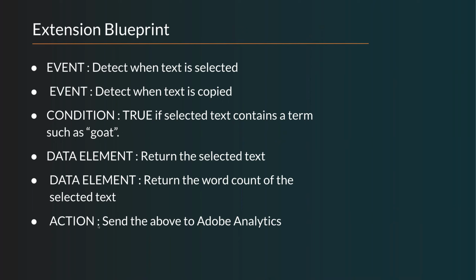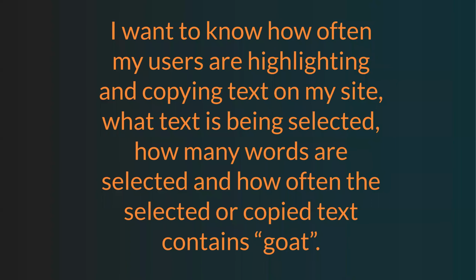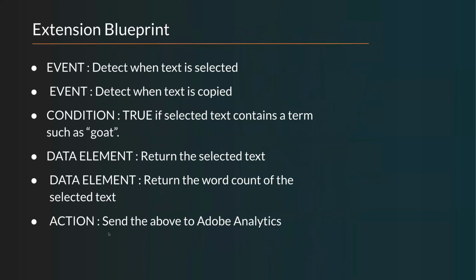Based on this business requirement, it's kind of amorphous. We don't really know, but we're in an Adobe shop, let's say, and we're going to send this data into Adobe Analytics. So the action is going to send the above to Adobe Analytics. And I'll tell you right away that this action already exists in the Adobe Analytics extension, so we're not going to build it into our custom extension.